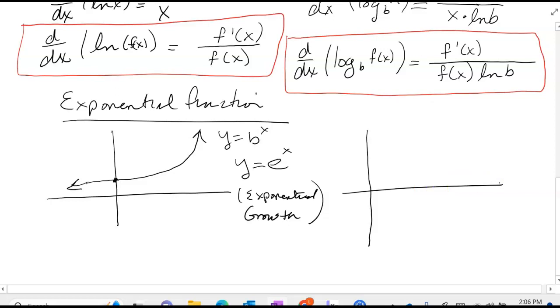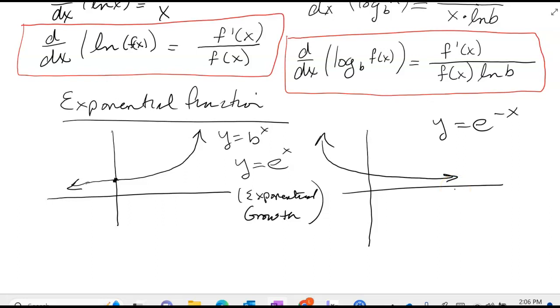And then y equals e to the negative x is going to be a similar function, just going in the opposite direction. Now we're heading to 0 as x approaches infinity, but we don't have a limit. It's just positive infinity as x approaches negative infinity, and this is still the point (0, 1).